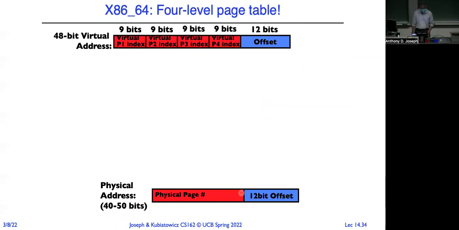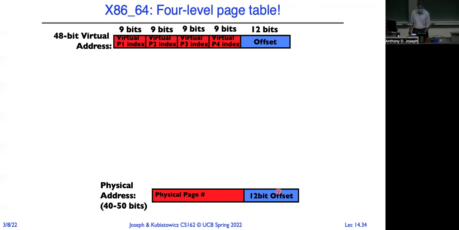Okay. So let's say we wanted to be able to have a 48-bit virtual address space. Because on a 64-bit machine, I could potentially have really large pointers, like 64-bit pointers, or more commonly, something like a 48-bit pointer. So that I could do with a 4-level page table.